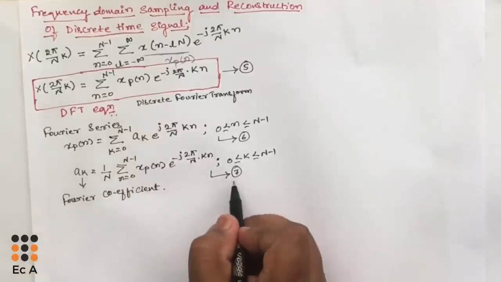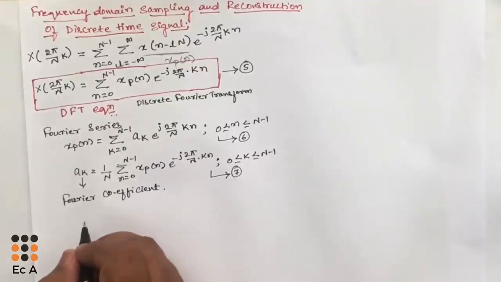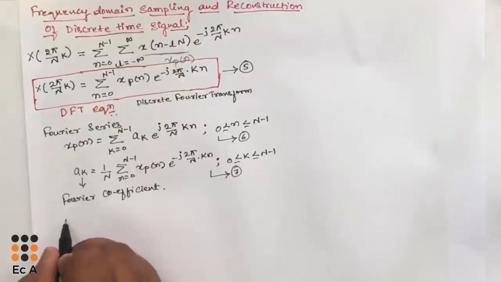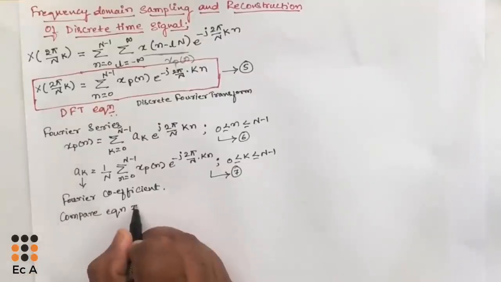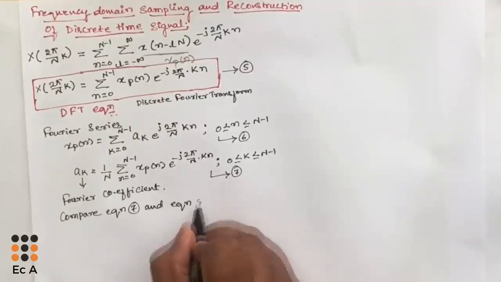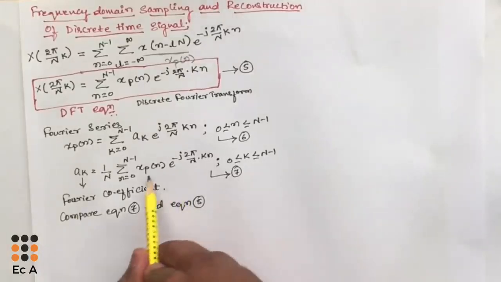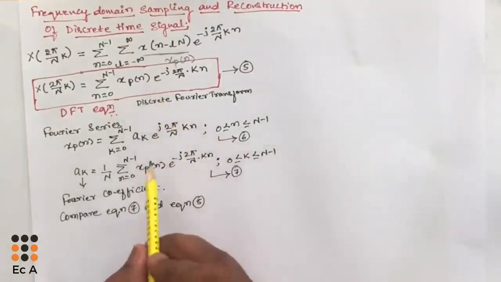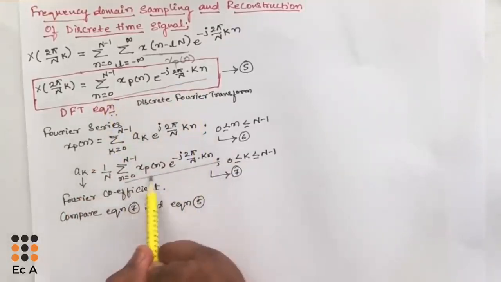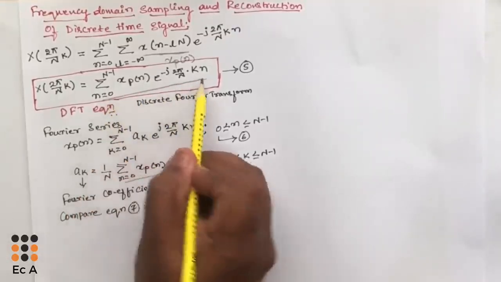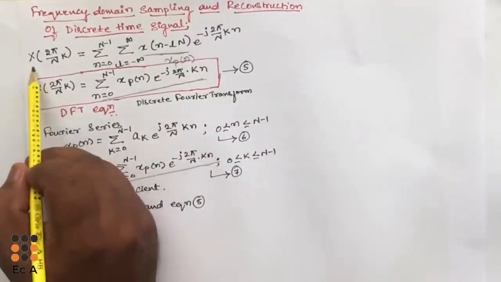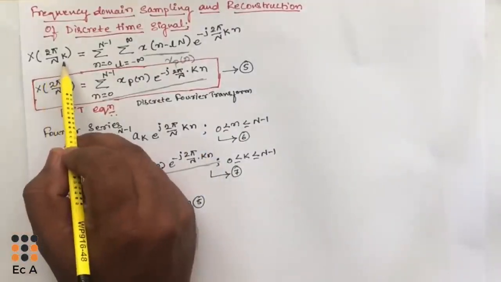Now let us compare equation number 7 and equation number 5. If we compare equation 7 with equation number 5, this term is the same, so we can cancel out these two terms and we will be left with ak is equal to 1 by N and X of 2 pi by N into k.